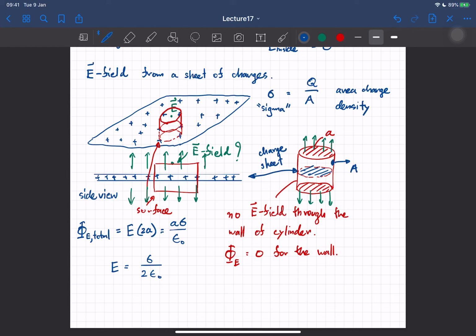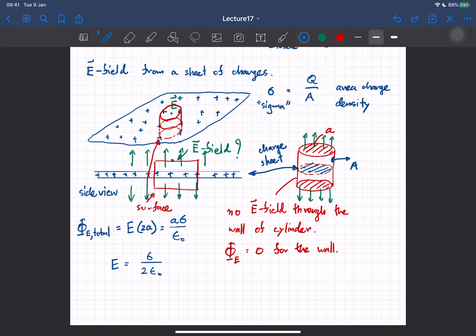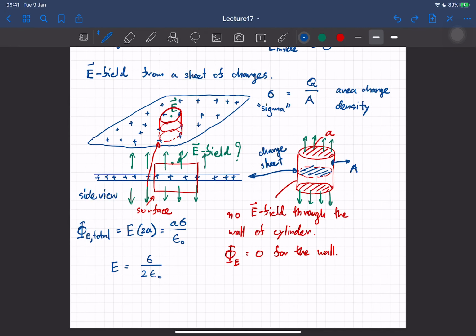But of course, in real life, no sheet is infinitely large. So this is more like an approximation, but it's good enough in most cases, right? So to summarize, the electric field above or below, it's the same thing. Above the infinitely long sheet is given by this value, okay?